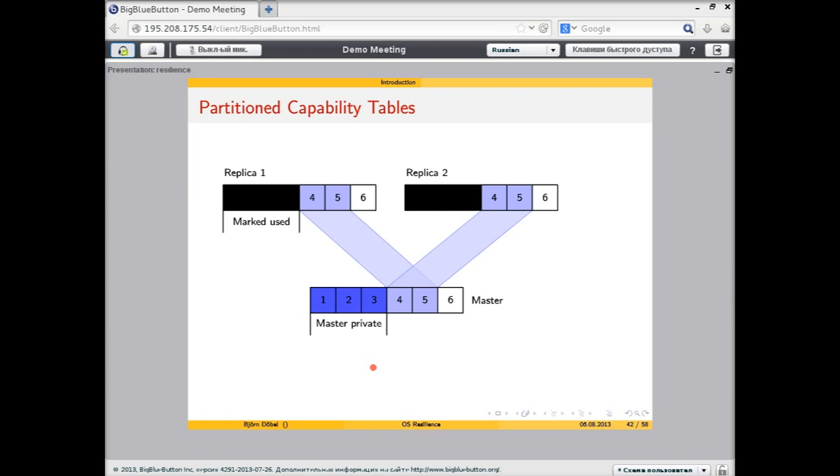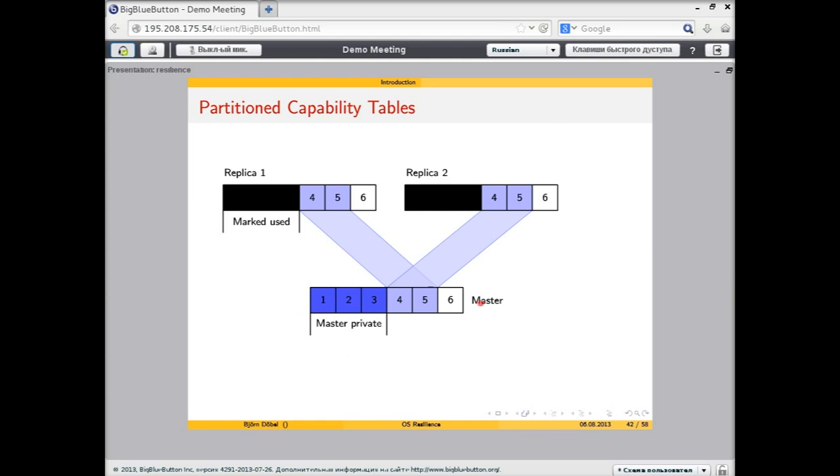The master is, of course, responsible for setting up the replicas once they start. And at this point, the master can set up the replicas in a way so that a certain part of the capability table is marked as already used. Then the master is in control of its own capability table, or at least the indexes in there, and can make sure that the part that is marked used for the replicas is used to store master private capabilities locally.